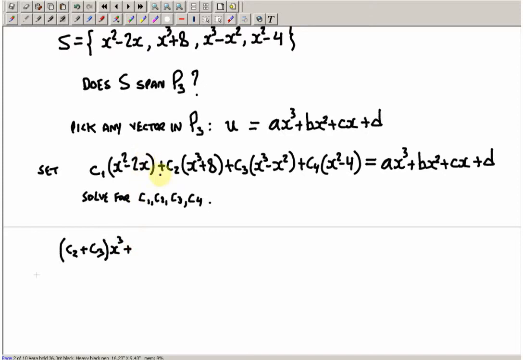Now let's collect all the coefficients for x squared. Here's one, C1. Let's see, any other coefficient for x squared. Here's another one, that will be C3 times negative 1. Here's another coefficient for x squared, it's C4.